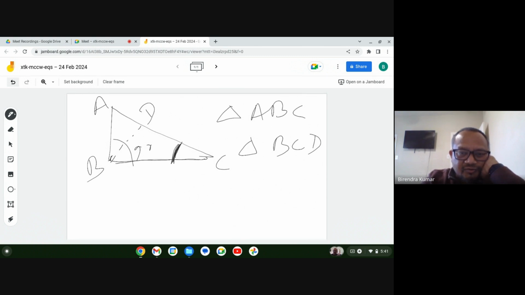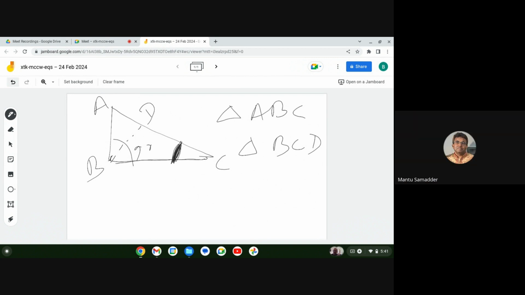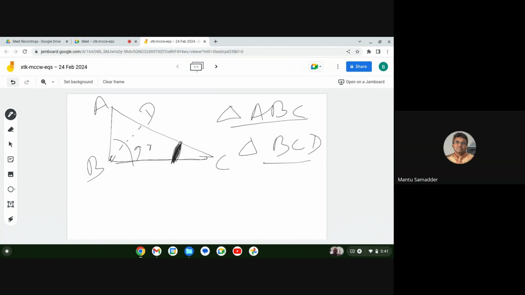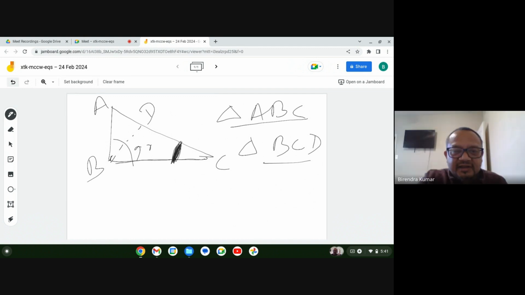I'll give you some clue. First of all, there is an angle common between both the triangles, correct? Angle C is common, right? So one angle has already matched between the parent triangle ABC and BCD. This is a common angle, so the common angle has to match, no question about it. It's the same angle actually. One angle is already matched. What is the second angle here? 90 degree because you have drawn a perpendicular. This is 90 degree, this is 90 degree.